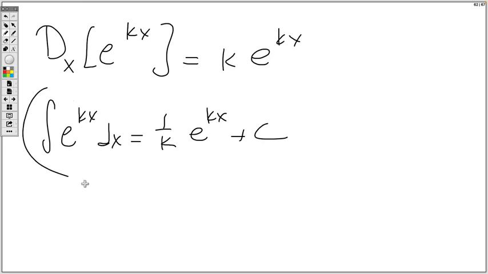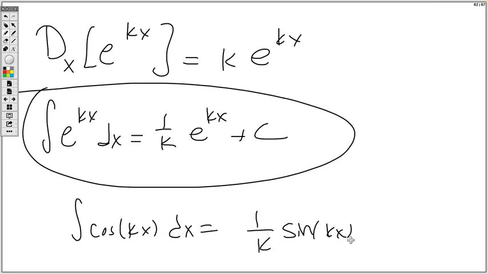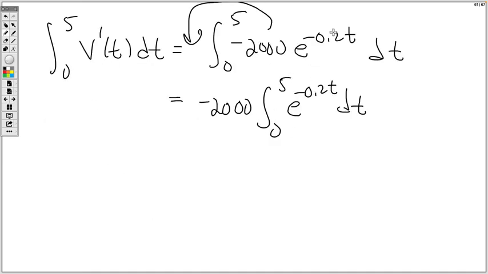So this is, once again, like when we were integrating cosine of kx dx. Right? It's just one of those little time-saving tips. It comes from the chain rule, and it's up to you. If you want to go through a formal u substitution here, that's fine.